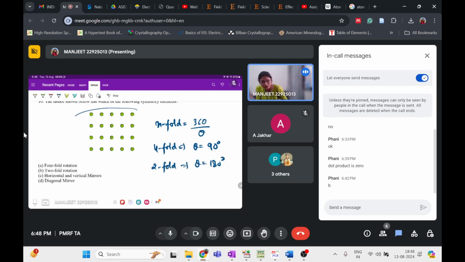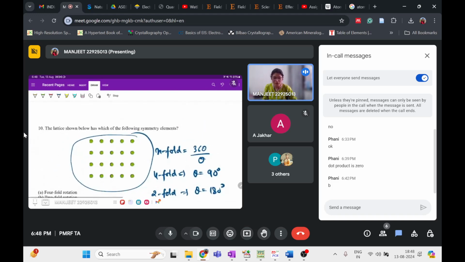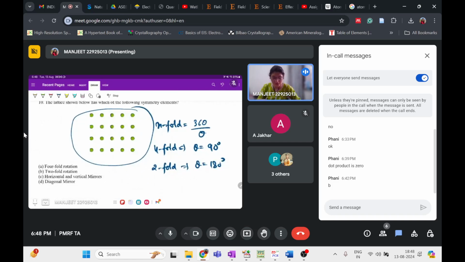If you rotate this lattice by 90 degrees, just visualize this thing. If you are holding this lattice and rotating it by 90 degrees, will you get the same lattice or not? If this is my square and I'm rotating it by 90 degrees, this will become here, this will become here, and all the atoms also move like this.